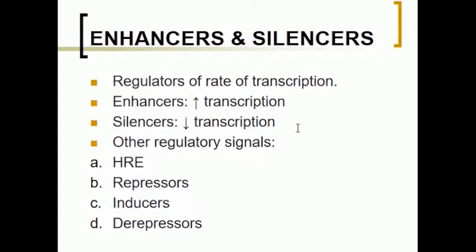If it binds, the rate of transcription is increased. That is the significance of steroid hormones. Hormone responsive elements are DNA sequences which bind the hormone at its receptor, and when bound, the rate of transcription is increased.